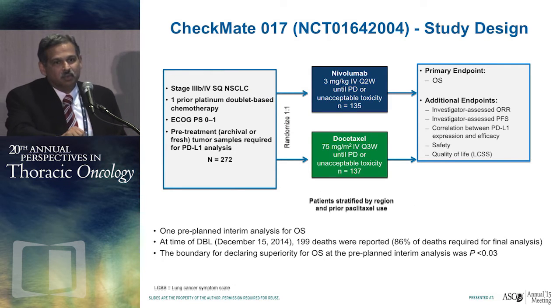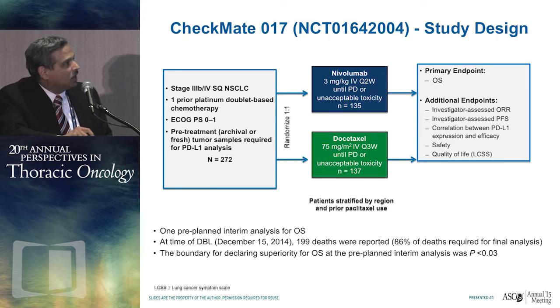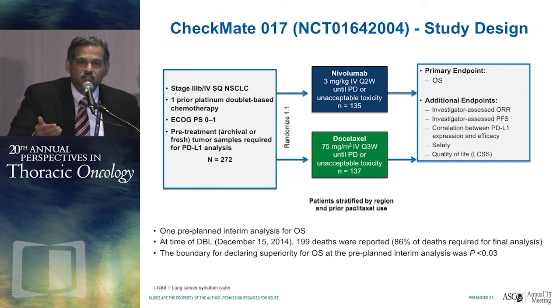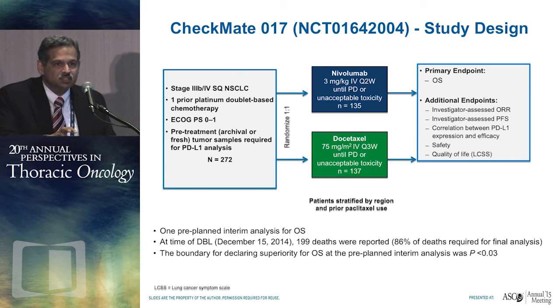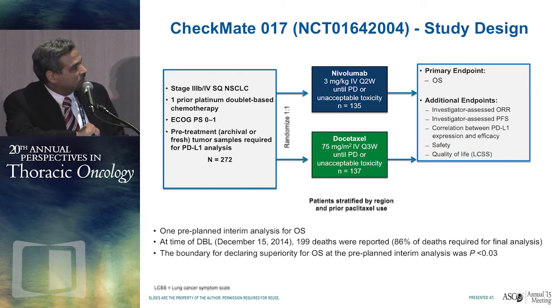I'm sure Dr. Pike in yesterday's presentation went over these data: based on initial very promising phase 1 results and the initial impression that this drug may work better in squamous cell patients, a randomized phase 3 study was launched that randomized patients who had received one prior platinum-based chemotherapy to nivolumab versus docetaxel, the standard of care.